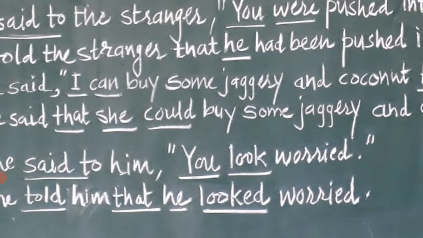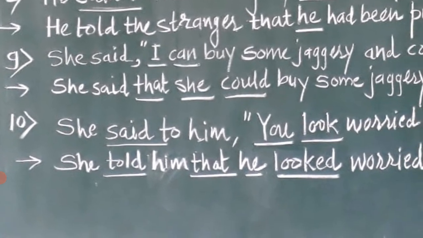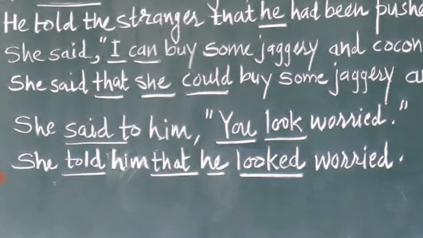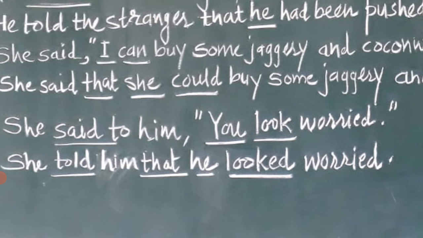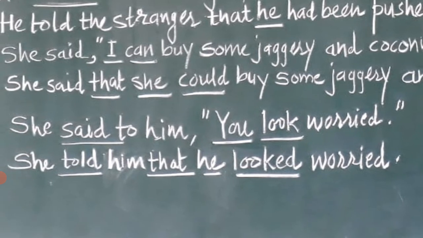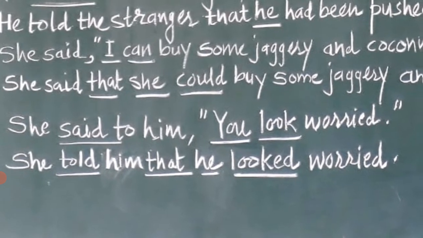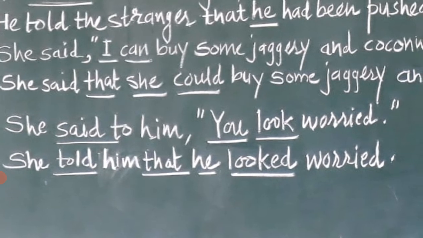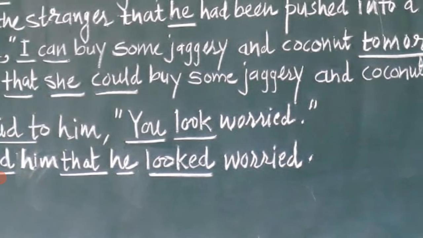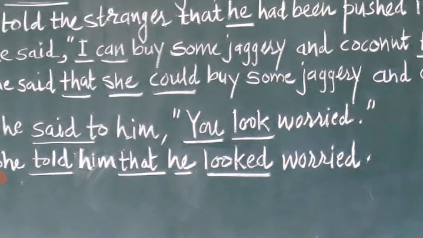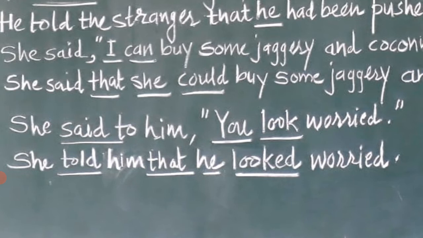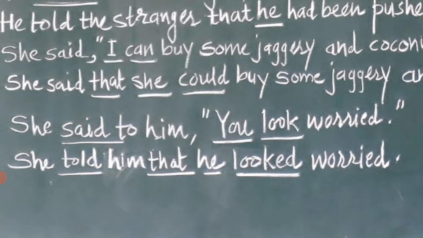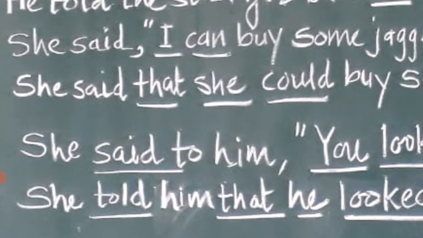The next sentence is again a very interesting one. She said, "I can buy some jaggery and coconut tomorrow." Here you can see that the given sentence has a modal auxiliary as well as some words like "tomorrow" which need to be changed while converting it into indirect speech. So "she said" remains as it is. Afterwards the comma and inverted commas are removed and it is joined with "that".